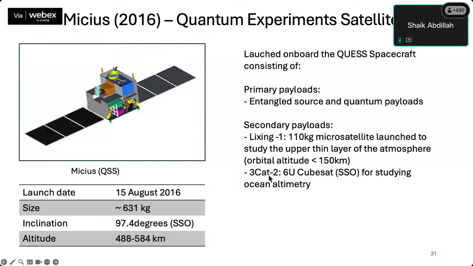They also had some other secondary payloads that are not so relevant, but the Micius satellite sought to prove that we can perform a quantum key distribution experiment using decoy state BB84, and that we can create entangled photon sources that can survive radiation damage, exposure to very large thermal differentials, and launch into orbit.